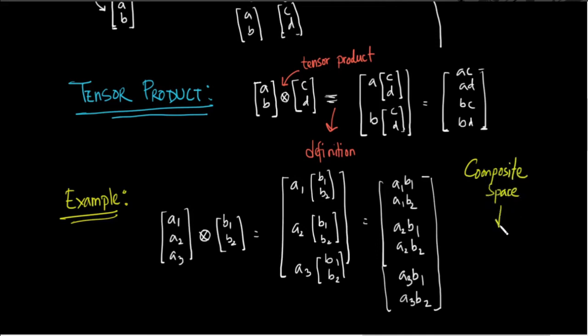Actually the name composite space is not used too much. All scientists and mathematicians use the name tensor product space, so we will be using that name from now.